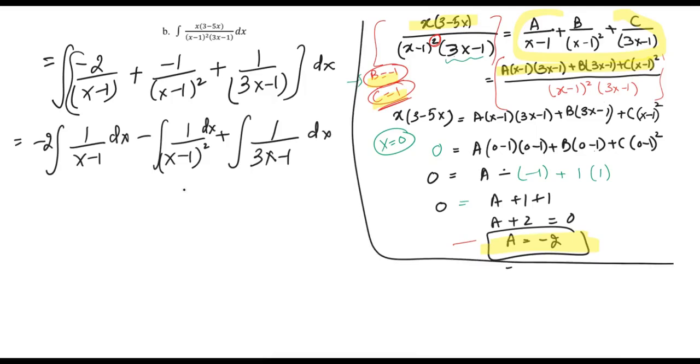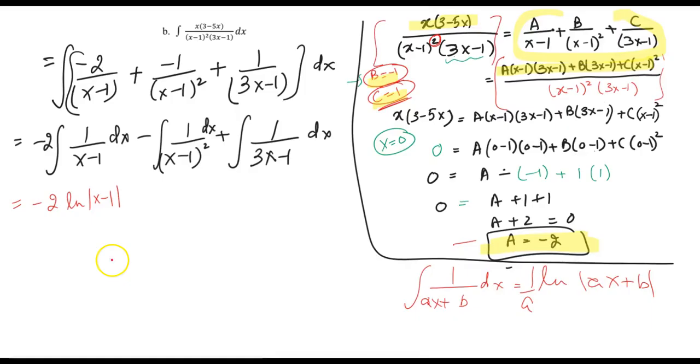Okay. Now, do you guys remember the formula? Integral of 1 by ax plus b with respect to x is natural log of ax plus b divided by a outside. So therefore, this is going to be negative 2 natural log of x minus 1.